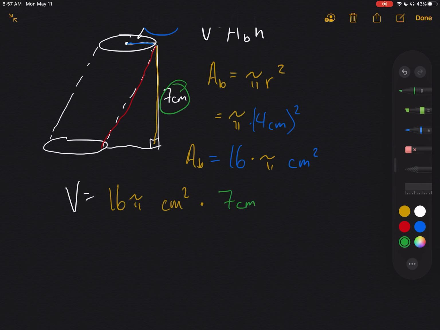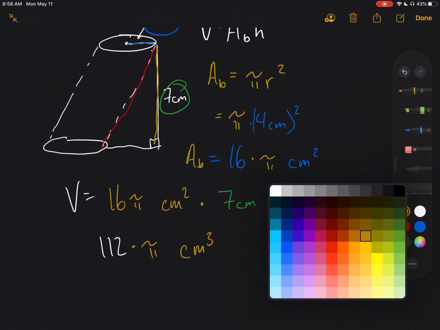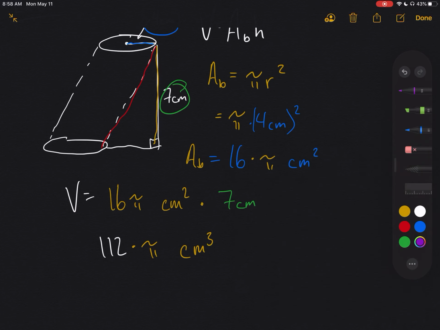This is where you might want to pull out a calculator unless you know that in your head. I'm going to get one out myself. So 16 times 7 is 112, and then we can't forget about the pi, which we haven't multiplied in yet, and we are in centimeters cubed. Now, you'll recall that we talked about an exact answer. Whenever you have pi, there's an option for an exact answer and a decimal answer.